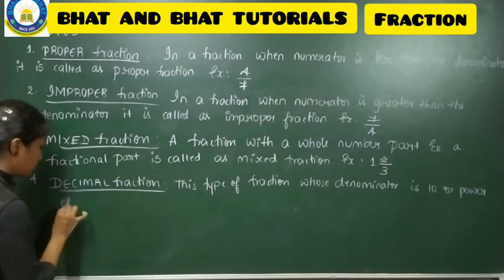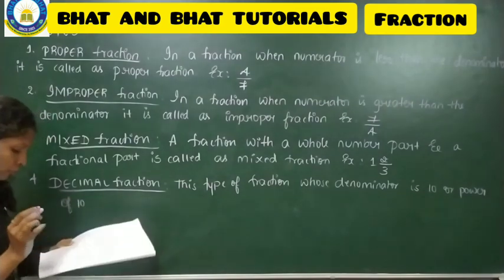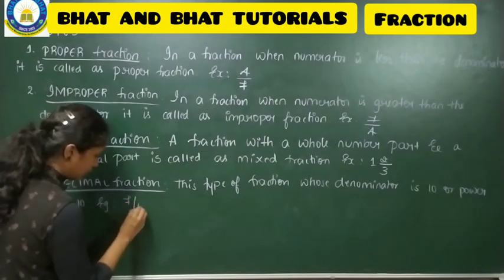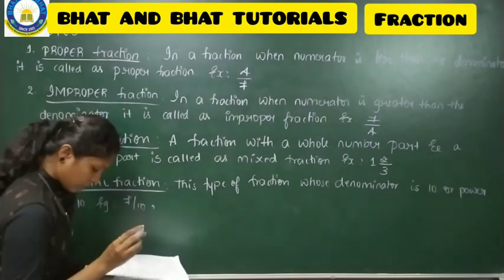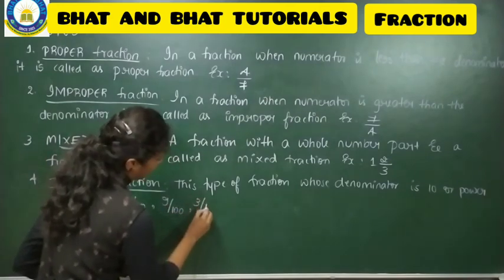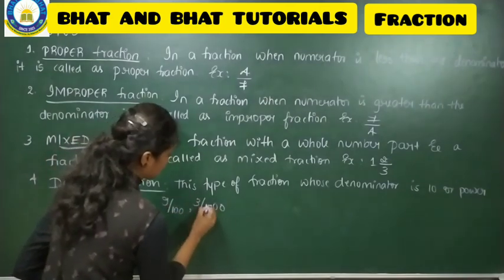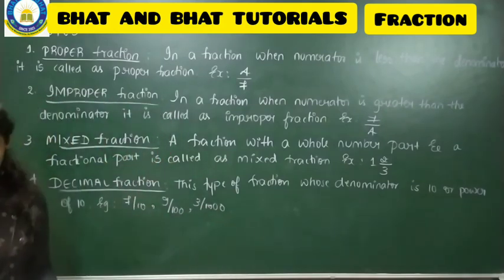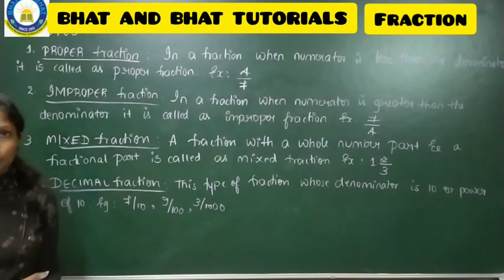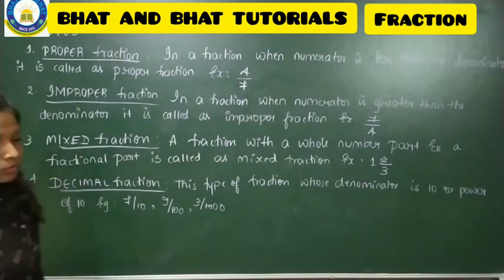Example, 7 by 10, 9 by 100, 3 by 1000. It goes on like that. So these are the powers of 10, and the numerator can be any number, but the denominator will be the powers of 10. Now you can start copying this down.